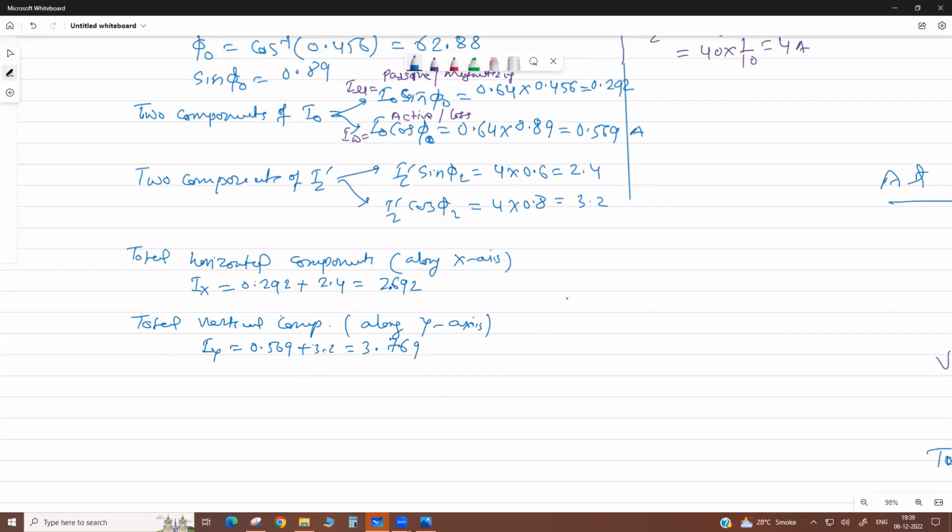Okay, then we have to draw this vector diagram. So this is your vertical axis, and assume this is your horizontal axis.